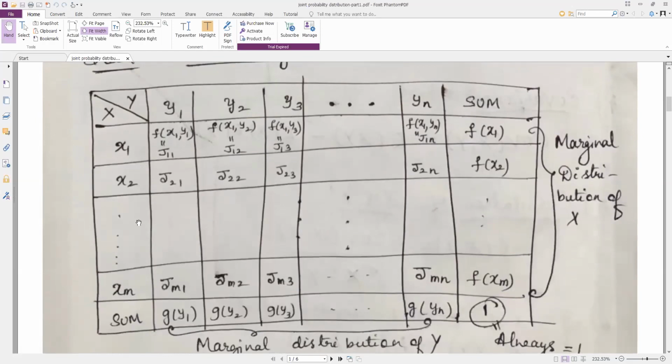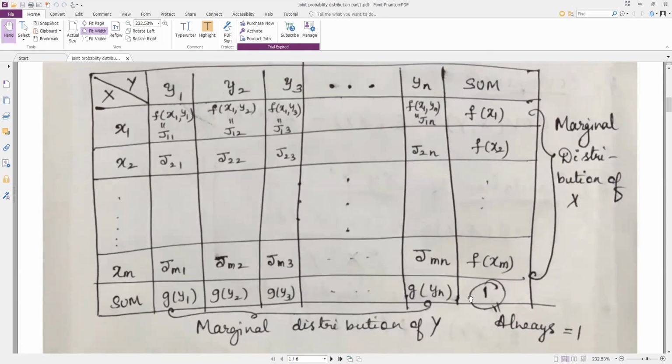The last column is for summing up the values, so write a sum column here. The last row is also for summing the probabilities. When you sum it, the answer should be 1. Always the last entry should be 1. When you sum this here, it should be 1. Similarly, if you sum these terms, you will get 1.